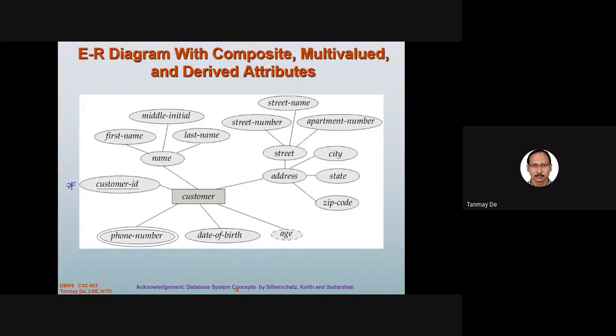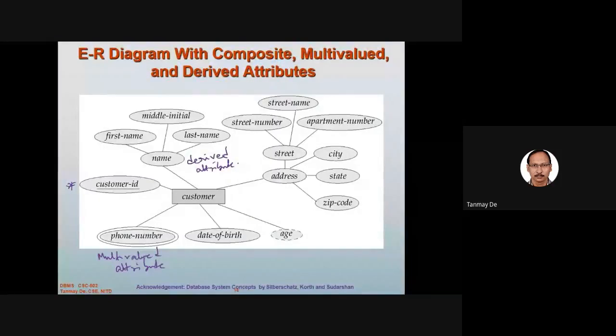Phone number is a multi-valued attribute. Name is a derived attribute, because the name can be decomposed into another three attributes: the first name, middle name, last name. So name may act as a derived attribute in this example.